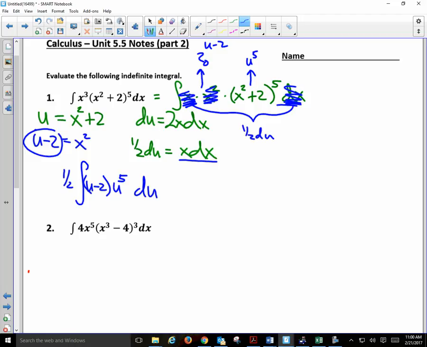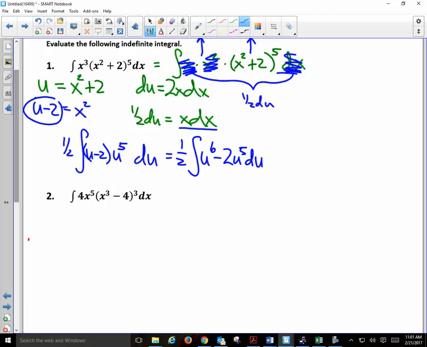Some people actually try to start taking the antiderivative right now on the test. That would be a bad idea. Let's do 1/2 integral of u to the 6th minus 2u to the 5th du. What is the antiderivative of u to the 6th?